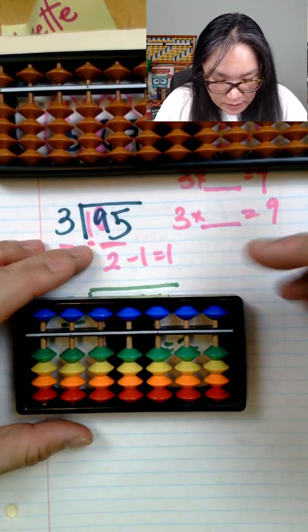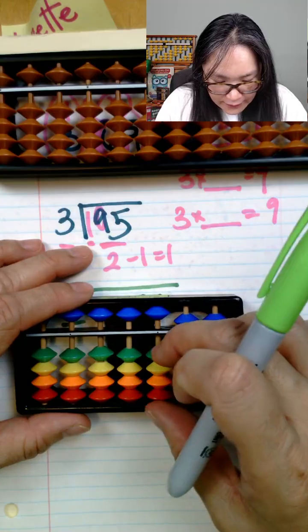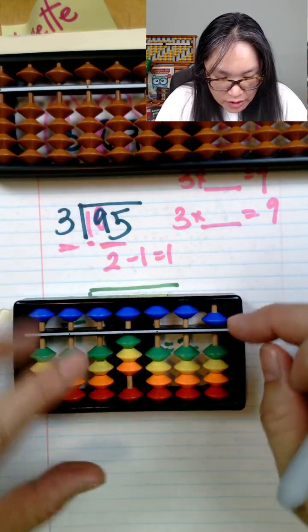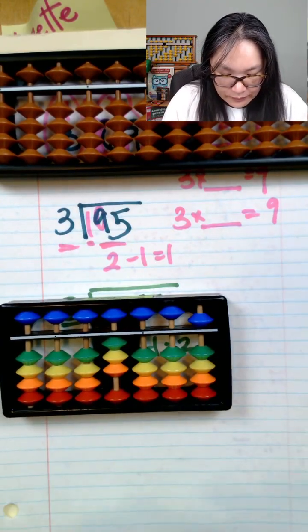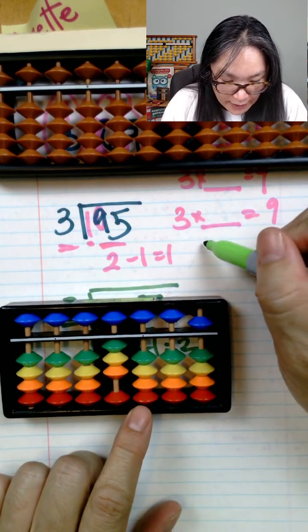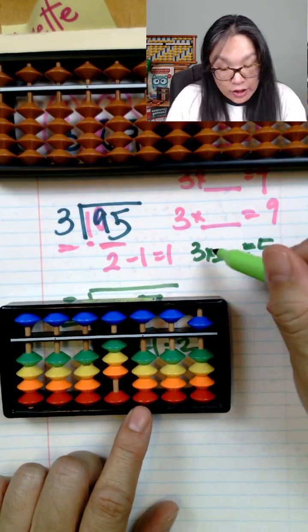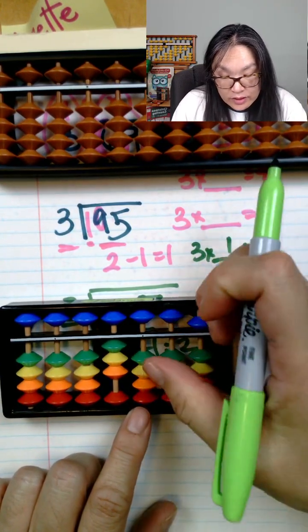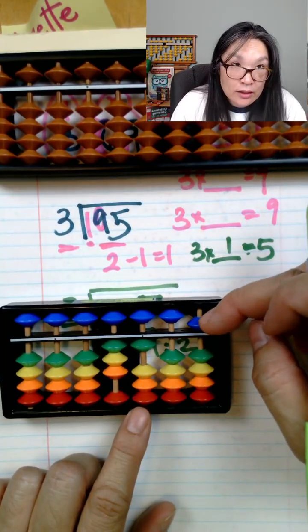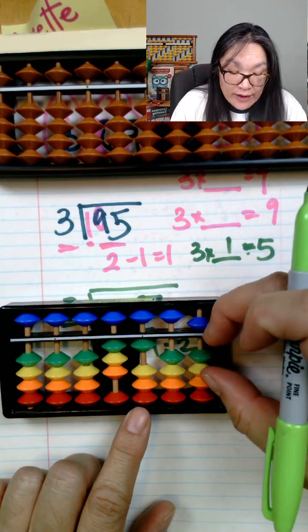So we're back to here. We had 95. So we had 3 take away 9. So then the question would be 3 times what is equal to 5 or less? 3 times 1, right? So we add the 1 and we take away the 3. So we have 2 here.